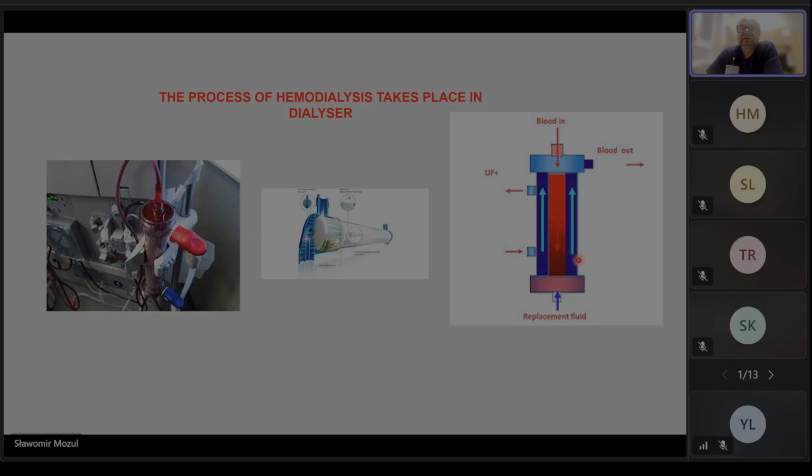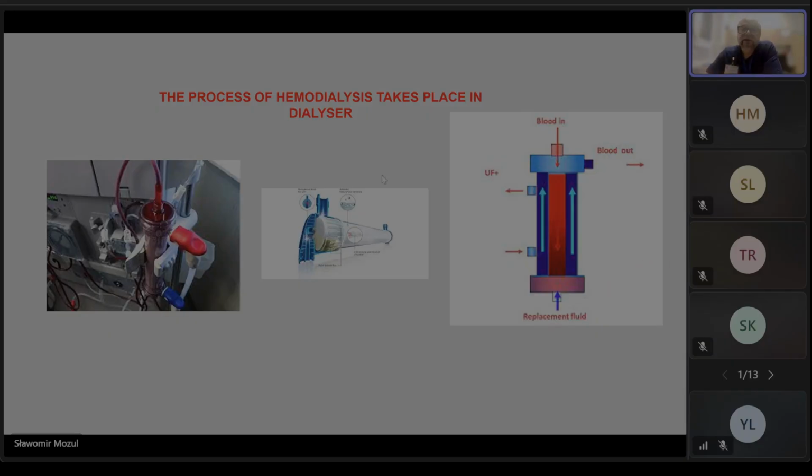Inside this cartridge, there is a semi-permeable membrane that divides the space into two compartments: an inner compartment through which the blood flows, and an outer compartment through which the dialysis fluid circulates.